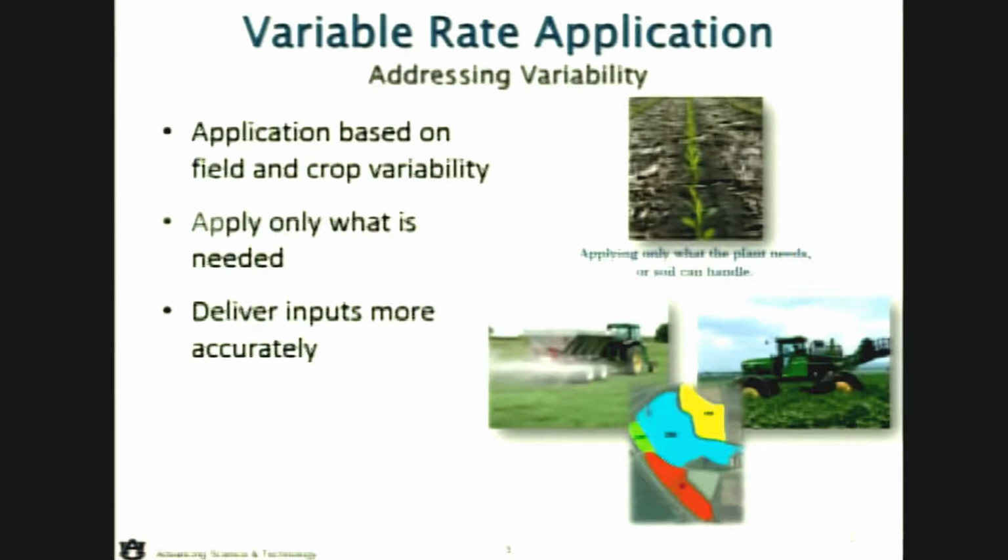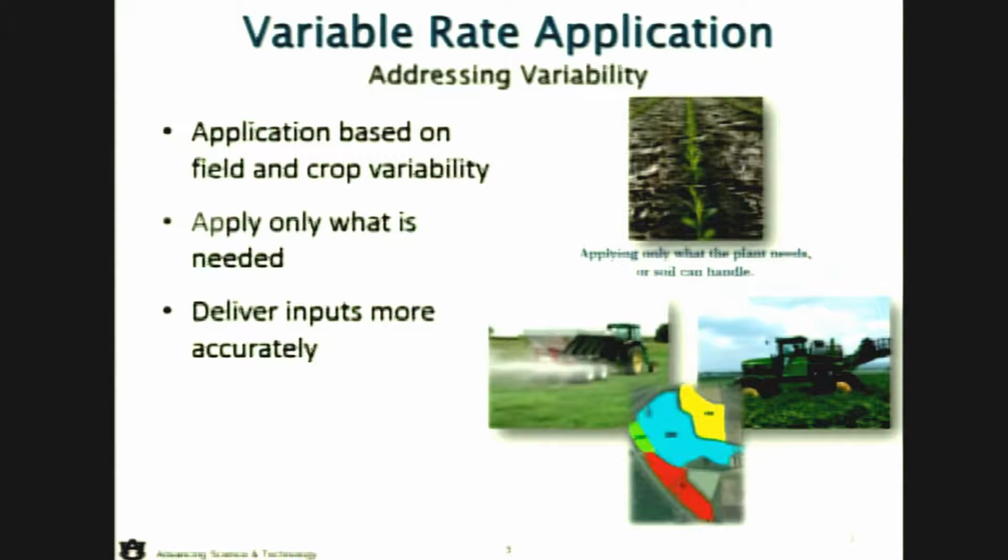So talking about variable rate today, Mark, and just simply put, it's trying to base your application of inputs on some kind of field or crop variability that we either measure or understand out there, and then only applying what's needed back to that crop or soil.